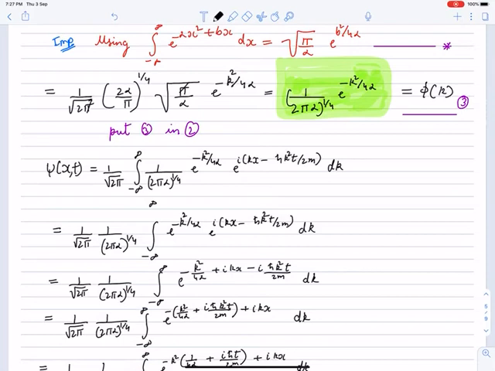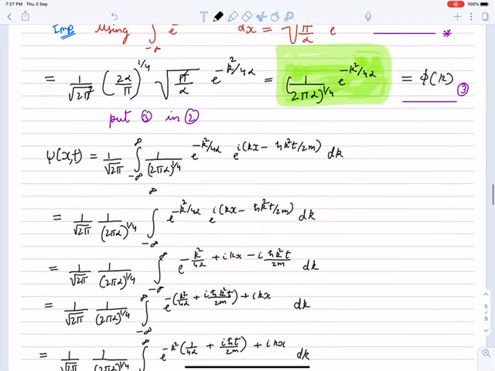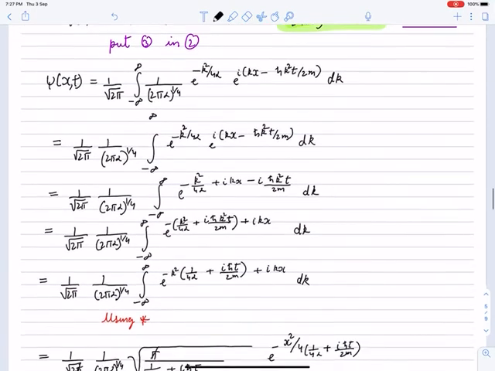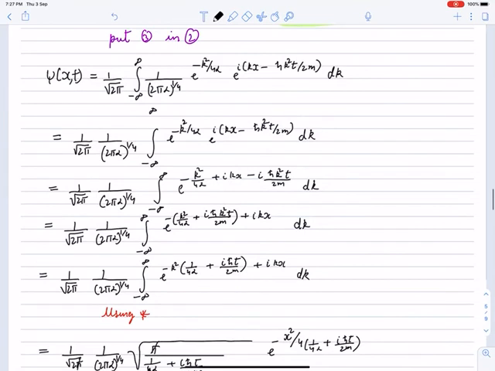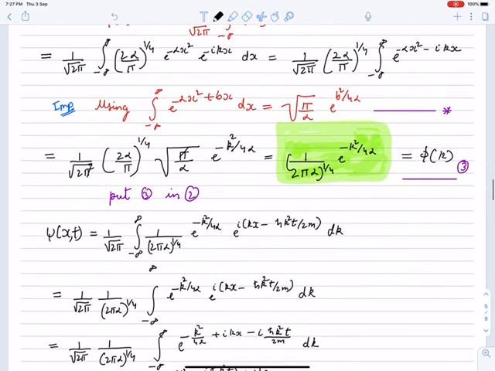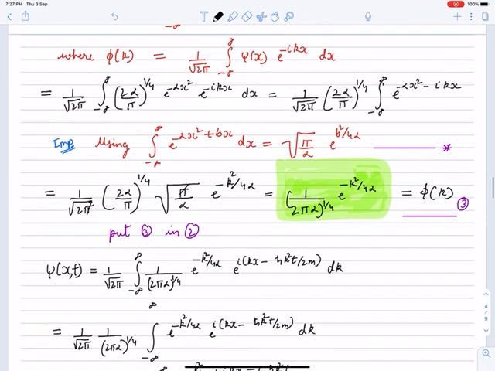So you can put it in this and you will get psi x t. This is the integration, you have to solve it. You can note it here. You can pause the video and solve it by yourself.